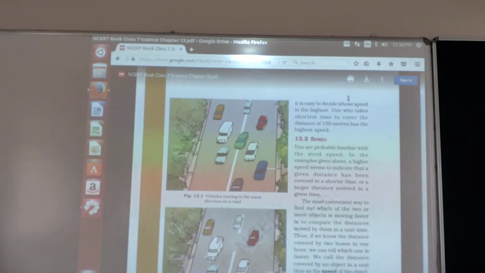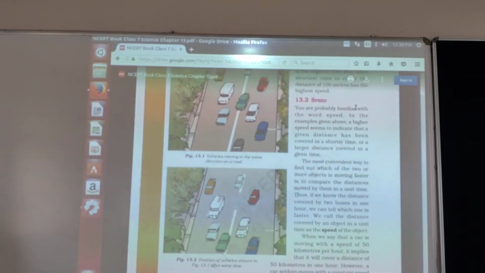So a higher speed seems to indicate that a given distance has been covered in a shorter time. It means when a given distance is covered in a shorter time, the speed is faster, and when a distance is covered in a longer time, the speed is slower.